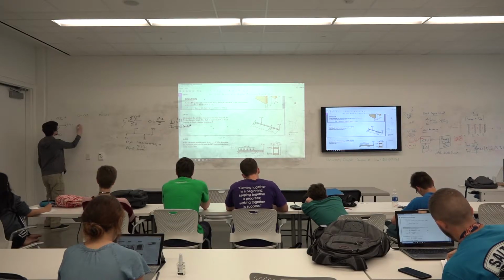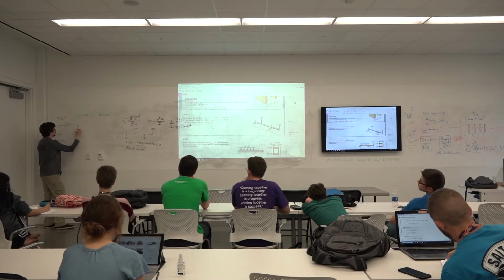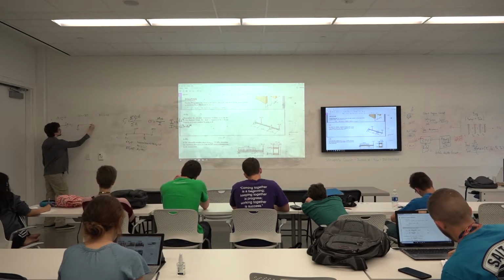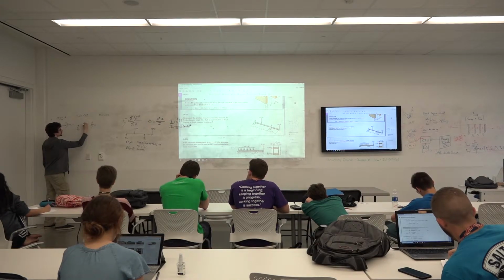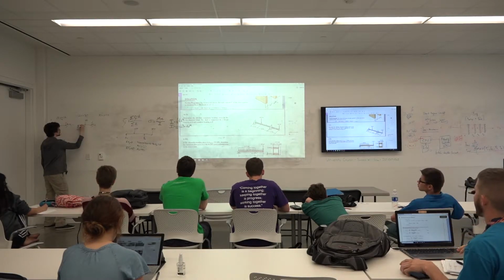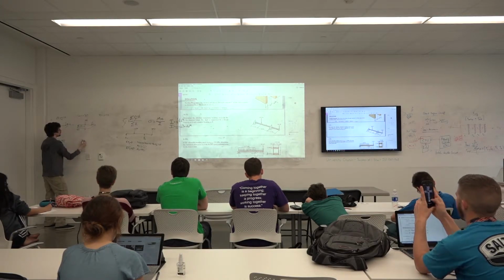For the second piece, we have 90, V, moment, 400. This distance is 12. This distance is x.